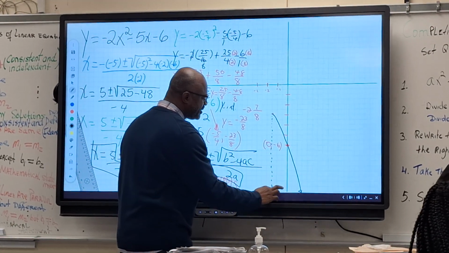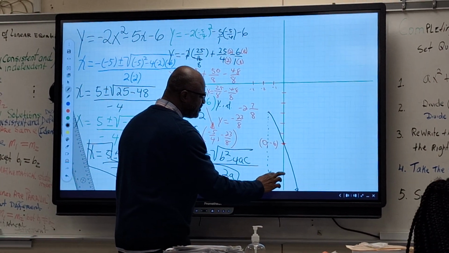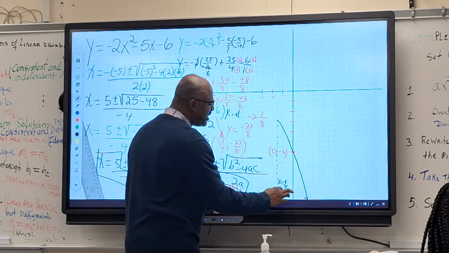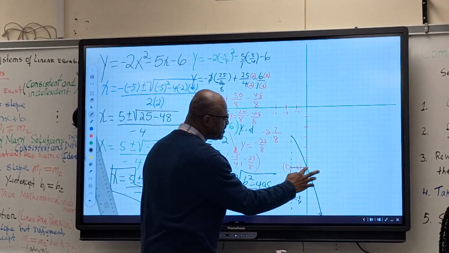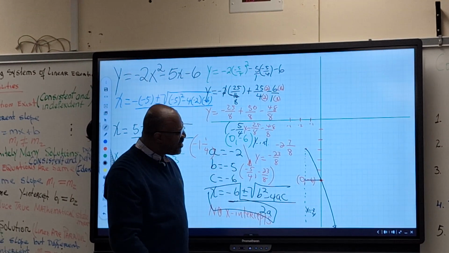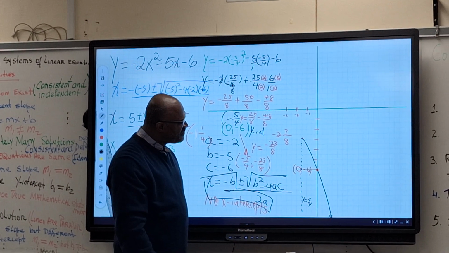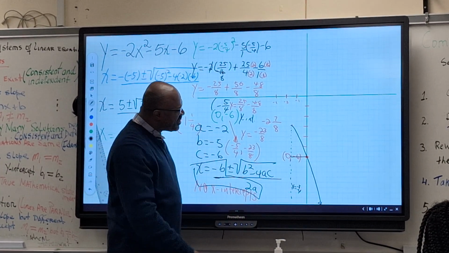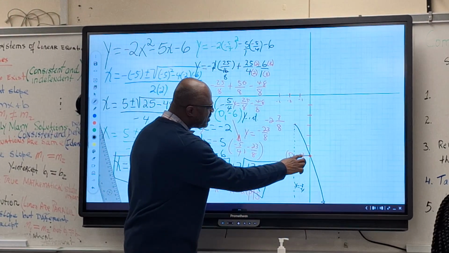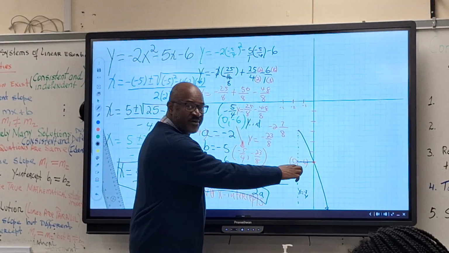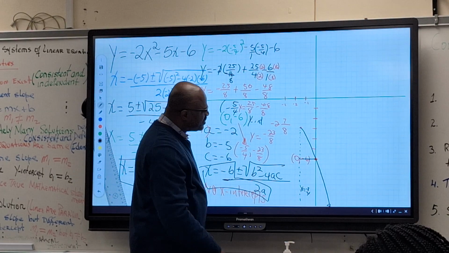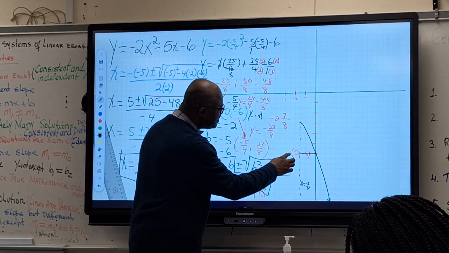This is the trick. My axis of symmetry is negative 5/4. I need to count how many units from there. Right? Can you count how many units that is? Is that 3 units? We count every 2 units as 1. That will be 1.5. So I have to count 1.5 also on this side.